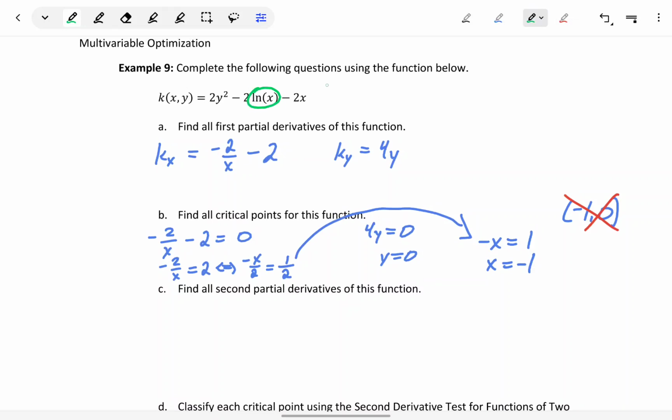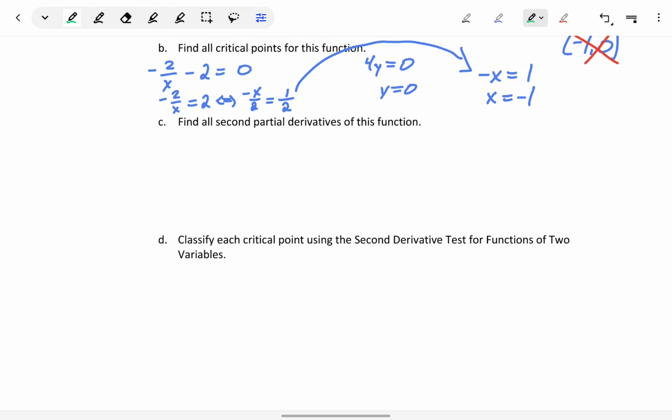The domain of the natural log function is x greater than 0, meaning x can't be 0 or a negative value. Since we ended up with x equals negative 1, that process, we followed it through, we arrived at a point, but that is essentially an extraneous solution. That critical value doesn't exist because the function is undefined at x equals negative 1.